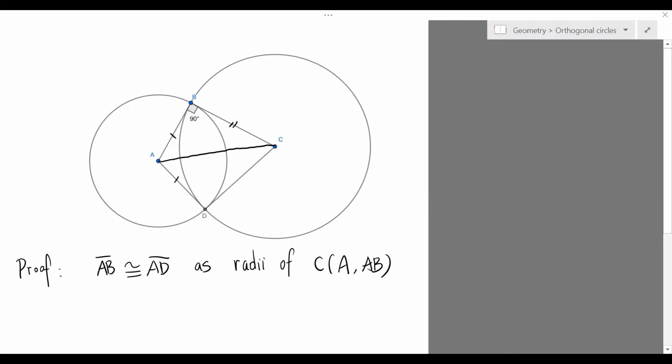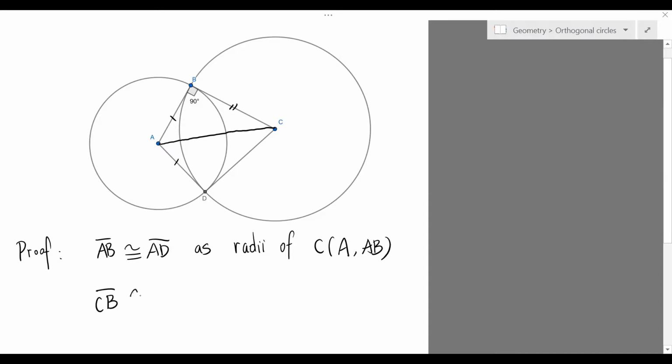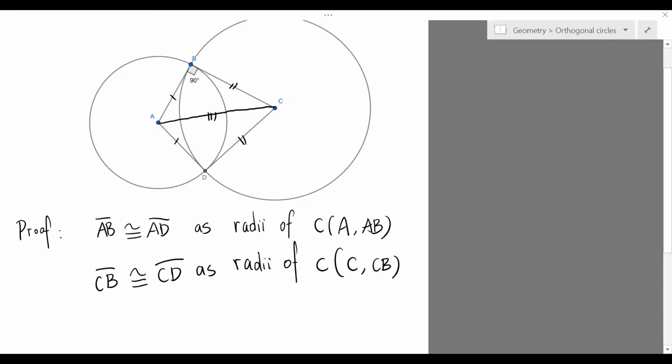Similarly, the line segment CB is congruent to the line segment CD as radii of the circle centered at C with CB as the radius. Lastly, the line segment AC is shared by both of these 2 triangles.